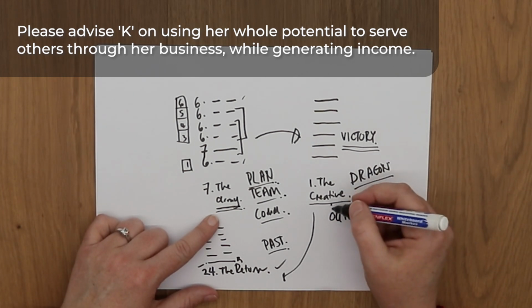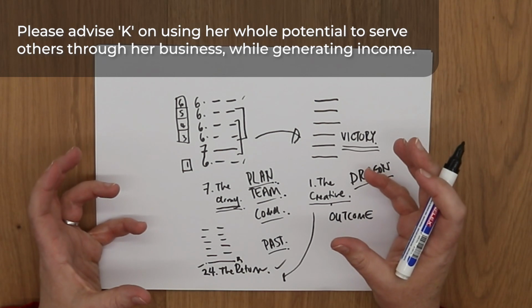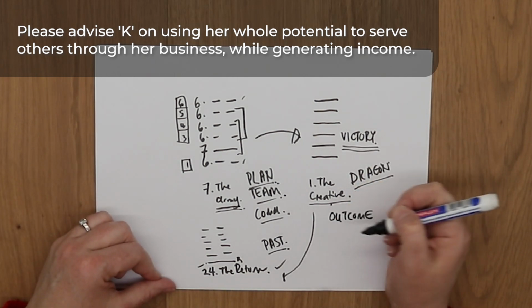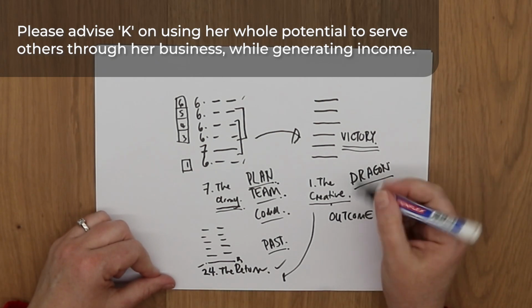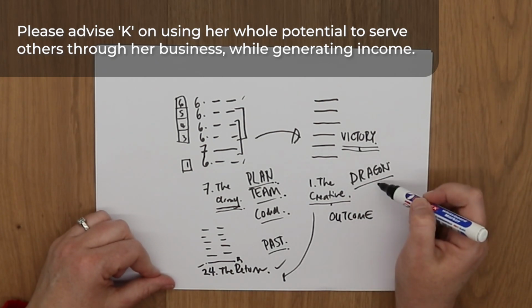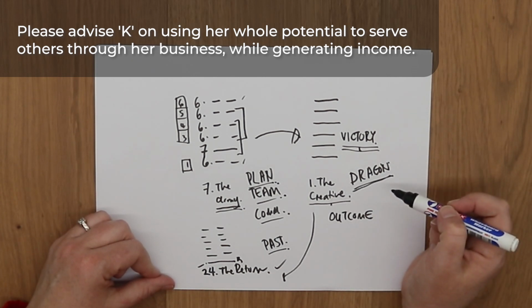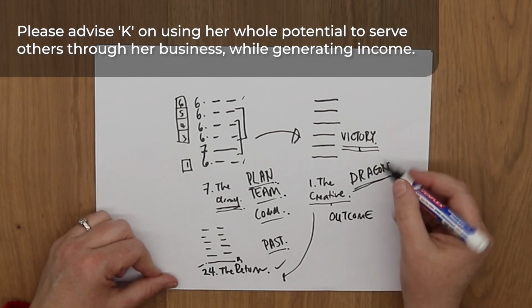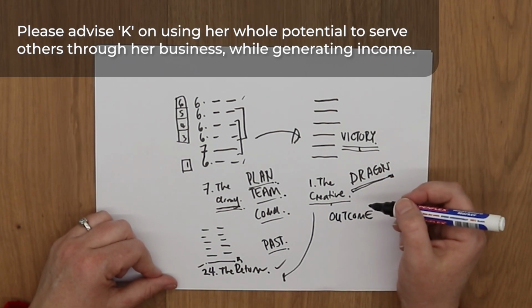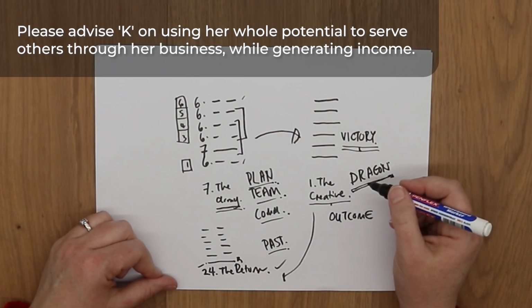Your creativity, not like art creativity, right? Although it might be the process. It's your creative intelligence that you can bring as a form of victory, and the opportunity to bring your inner dragon to the work that you're doing, to the abundance you're manifesting, and to bring your creative energy to the fore.